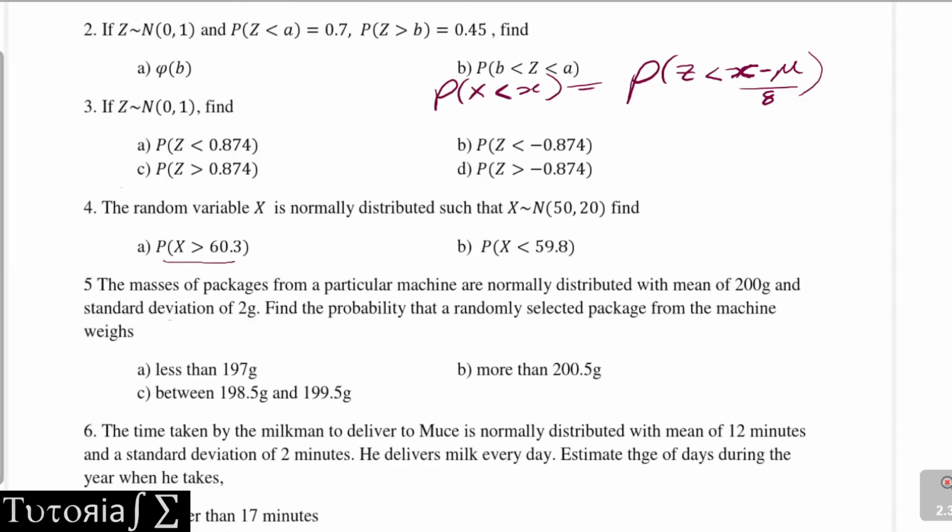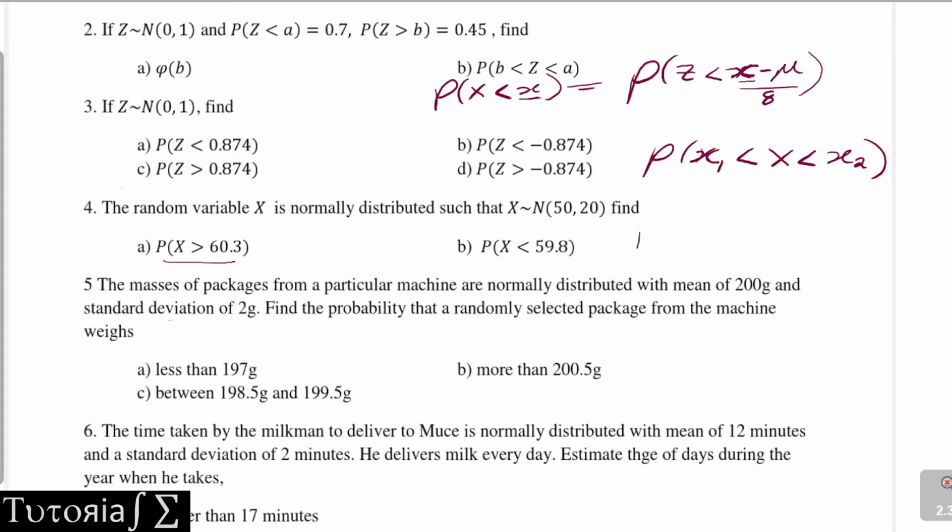For this variable, we have x, which is the value after the greater than or less than sign. Then we have the mean over the standard deviation. The same applies where we have the probability of x1 less than capital X less than x2. Maybe you're asked to find the probability of x being between x1 and x2.